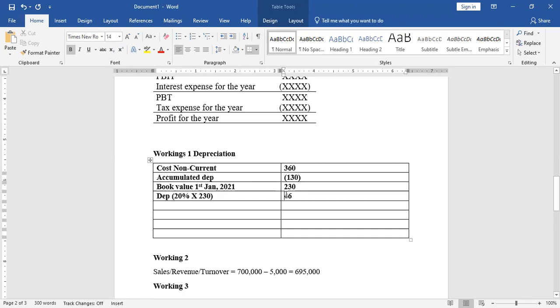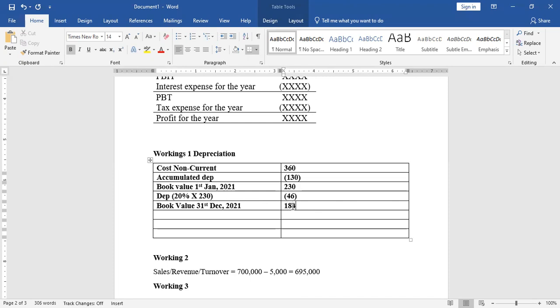And the depreciation charge reduces the value of the asset. So the book value of the asset at 31st December 2021, 230 minus 46, will give us 184.